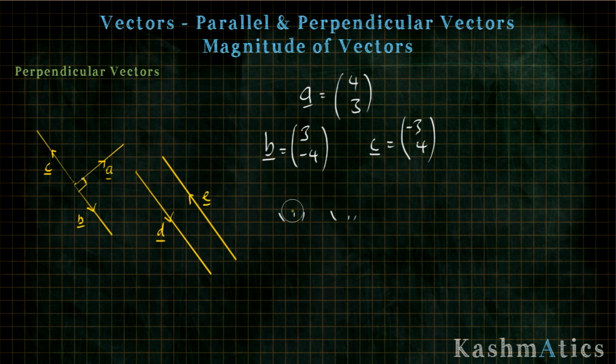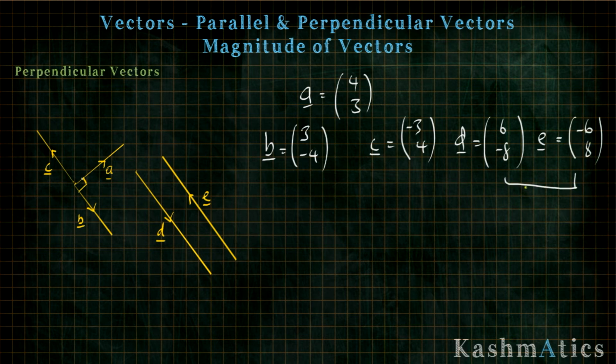Now, if you look at vectors D and E, vector D is (6, -8) and vector E is (-6, 8). Both of these are actually multiples of those vectors. So D and E are parallel to B and C, but they're slightly longer.